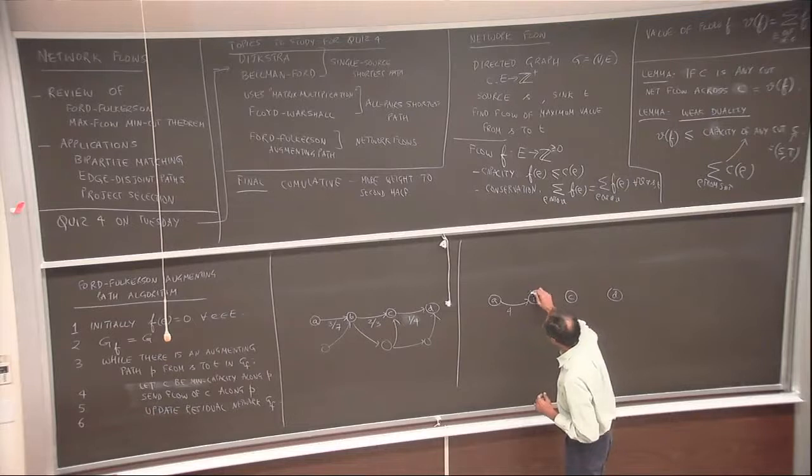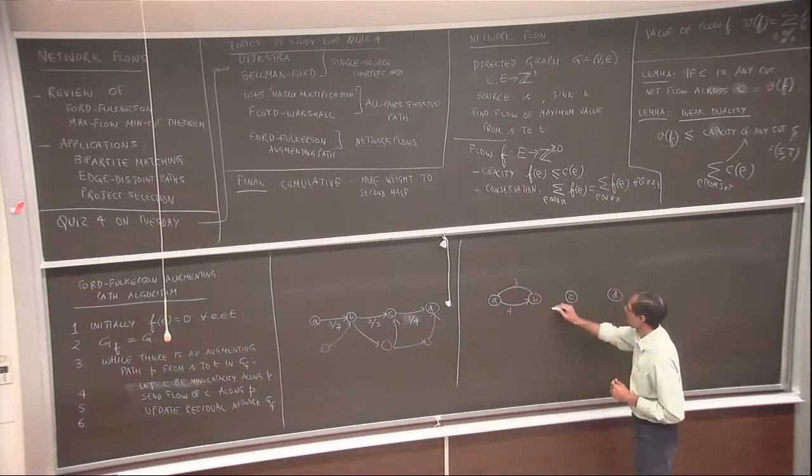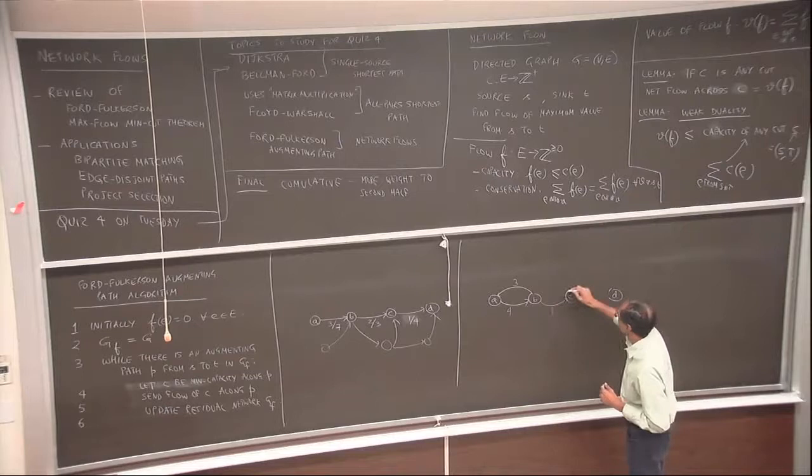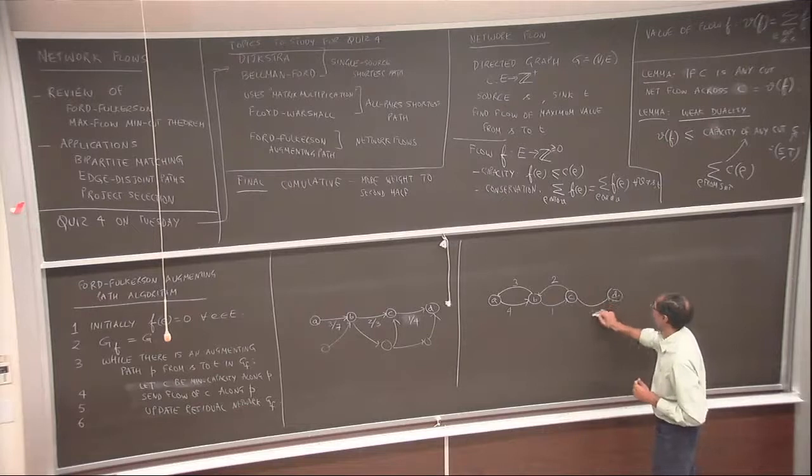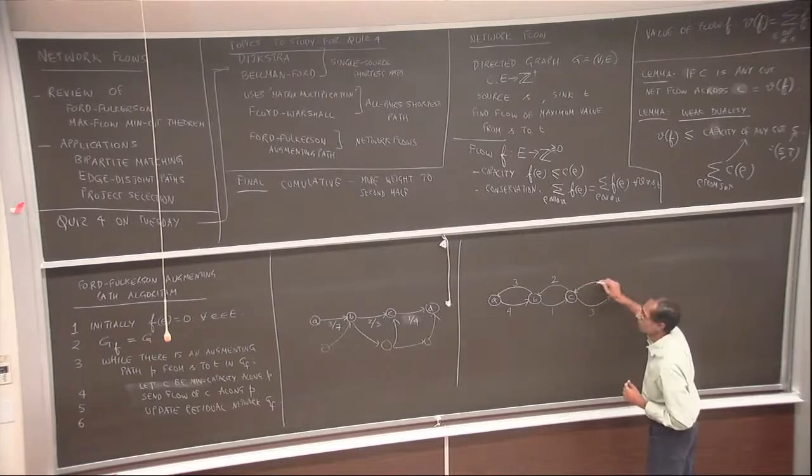But you'll also have an edge from B to A with capacity 3. You'll have an edge from B to C with capacity 1, but also a reverse edge with capacity 2. C to D, capacity 3, and a reverse edge as well.